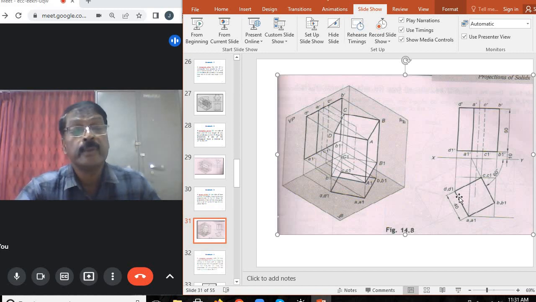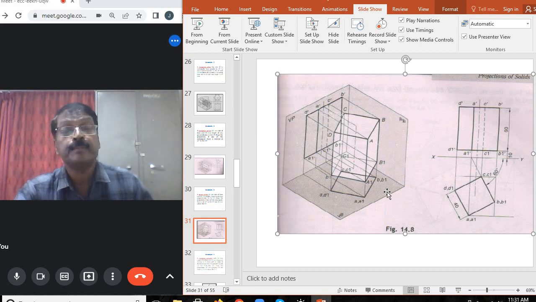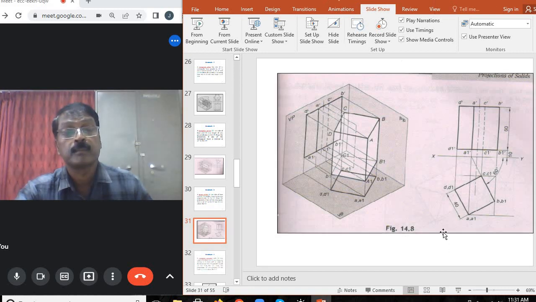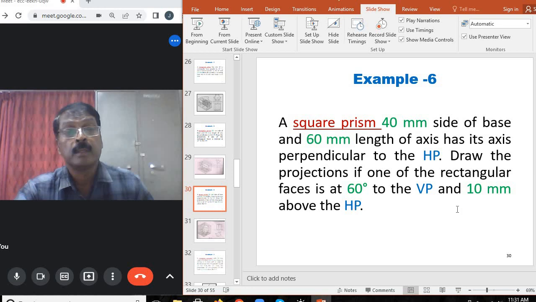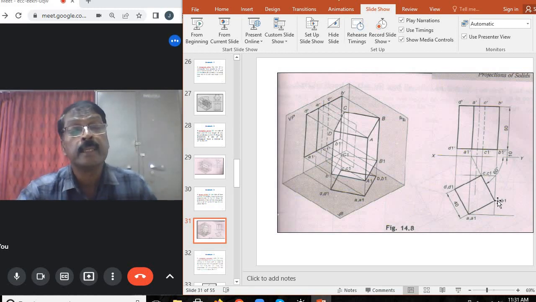Now to complete the front view, from A, B, C, D in the top view, project up to XY and project vertically upwards. It is given in the problem that one of the rectangular faces is at 60 degrees to the VP and 10 mm above the HP. Being above the HP, it is seen in the front view. So from XY take 10 mm and draw the horizontal line between the left extreme end and the right extreme end of the projectors.